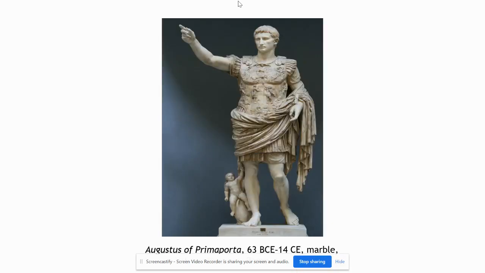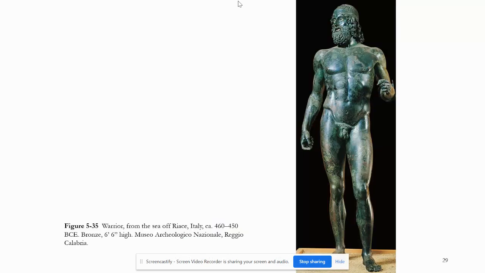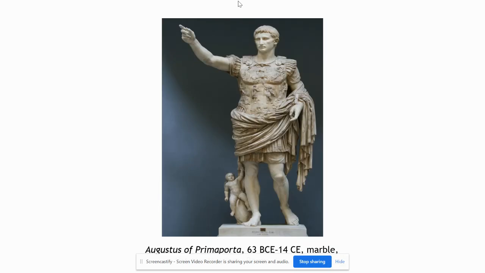And now the last couple of figures I'm going to show you come from ancient Rome. Now you can see a difference here because the ancient Greeks were very much about the idealized body, and even when they're representing their own rulers, they look very much idealized. Not so much with the Romans.